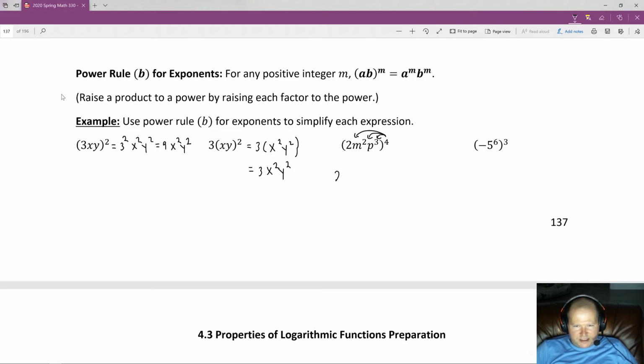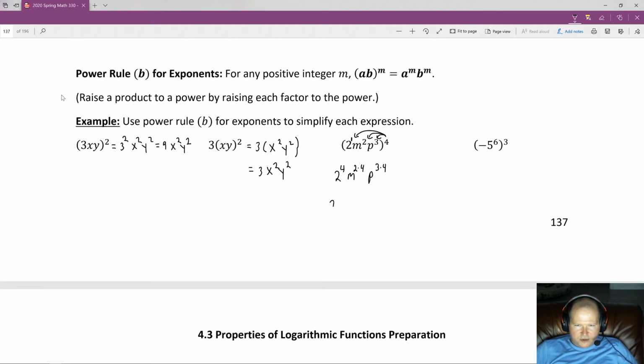Now the first one is just going to take it on to the 4th power. But the other two, the m squared and the p cubed, they have their own exponent other than 1. Now technically, the 2 has a 1 exponent, so 1 times 4 is 4, right? So the rule still applies. Normally you just don't see it though. Okay, so in this case you're going to have m to the 2 times 4, p to the 3 times 4.